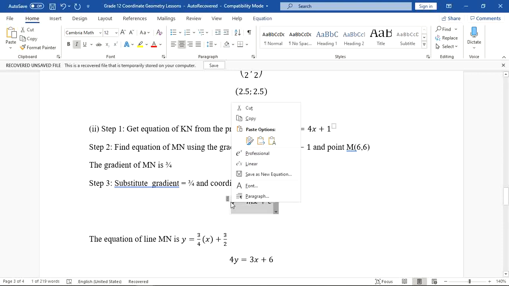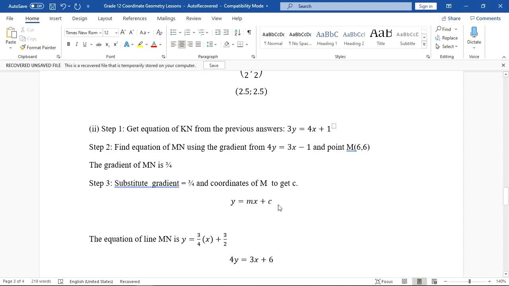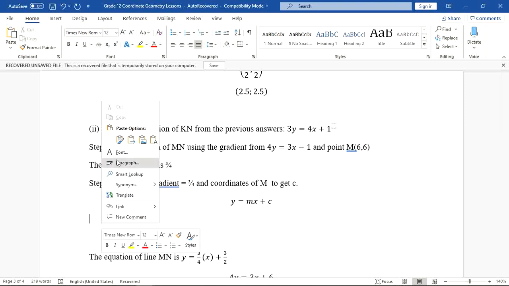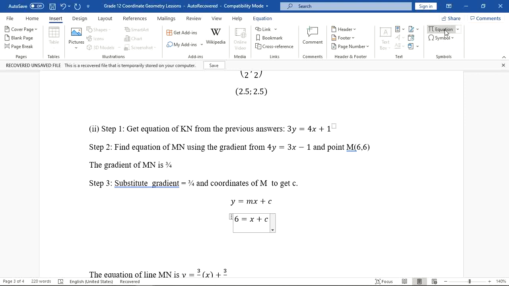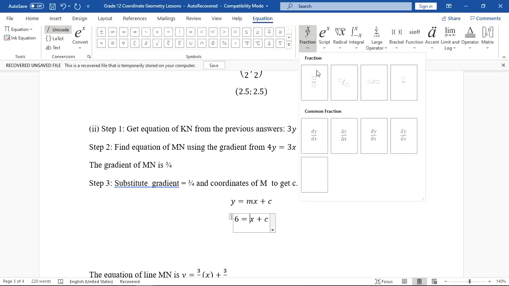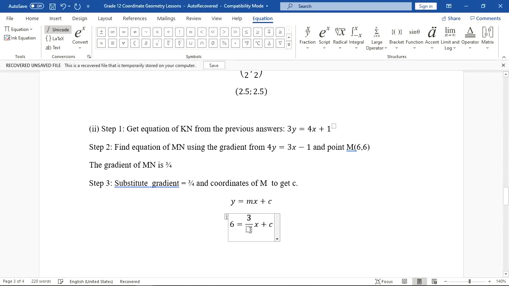We substitute the gradient and the coordinates of M, so we can get the C. So this is going to be 6 equals 3 over 4 times, in brackets, 6. 3 times 6 is going to be 18, and 18 divided by 4 is going to give us 9 over 2.